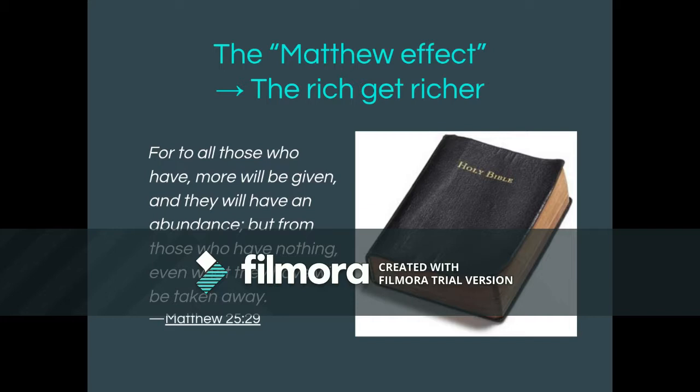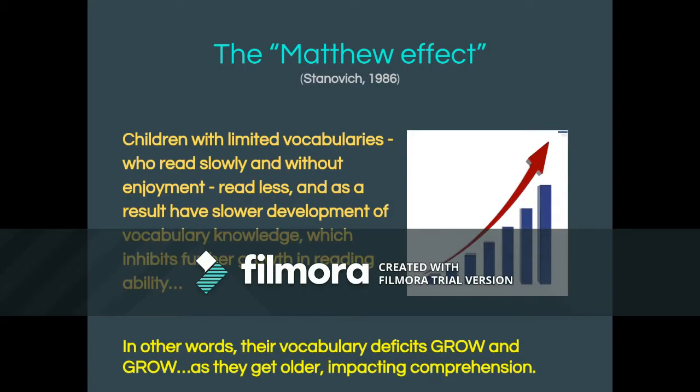So kids that come in and have vocabulary acquisition that is already behind their peers in first grade, it only becomes worse as they progress in school. So it's really a vicious cycle.